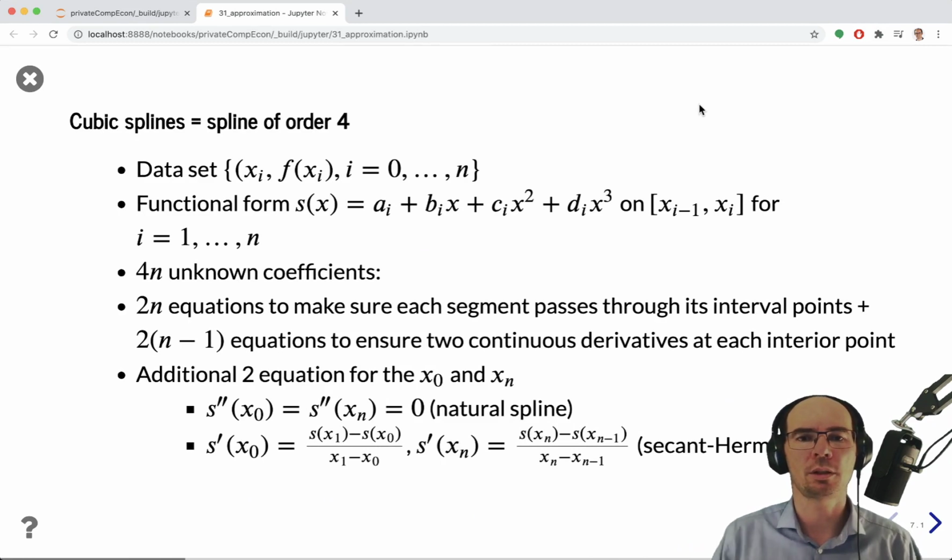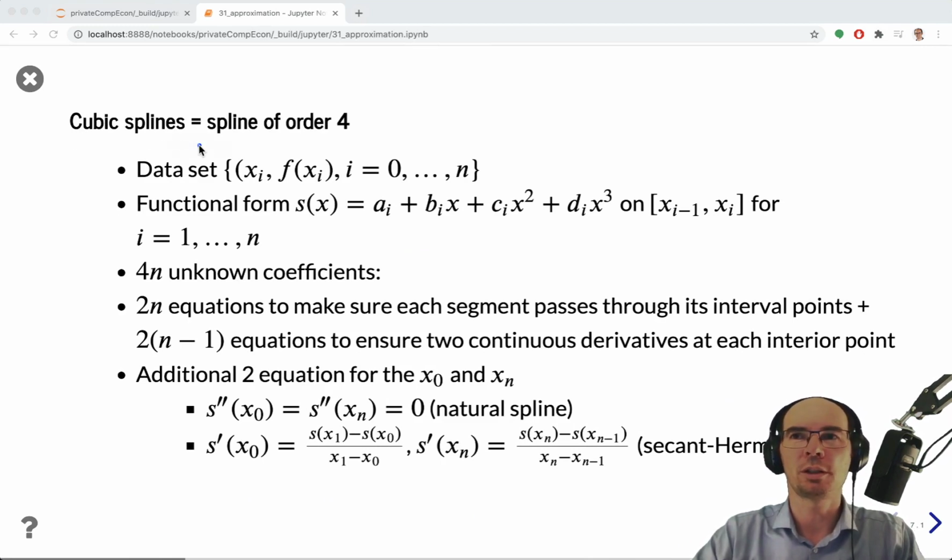Let's see how it can be implemented using the example of cubic splines. Cubic splines refer to the case where the order is 4 and the degree is 3, thus cubic. The functional form for s of x will be a third degree polynomial on each of the sub-intervals defined by the grid.